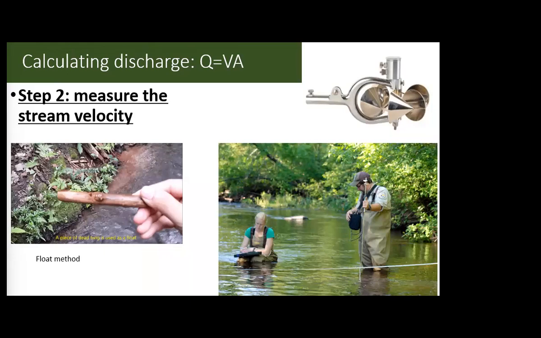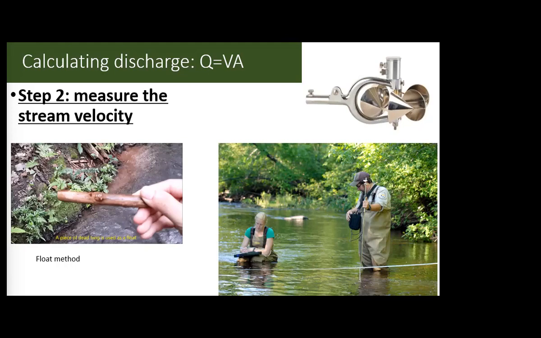So it's pretty rough, but most people have found that it gets you pretty close. Now remember, our fastest velocities are going to be at the channel center. So we stand in the exact center of the channel, and of course we want to stand downstream and throw it upstream. We don't want to be blocking anything whenever we're doing that measurement.